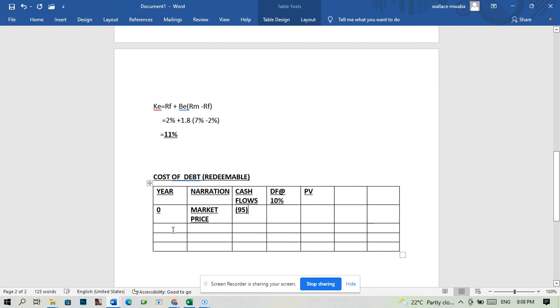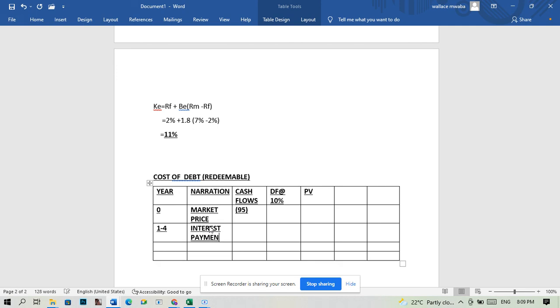Then we have years 1 to 4, and this is the interest payment. This is what you'll be receiving after you pay for this bond. So we have to calculate the interest payment.